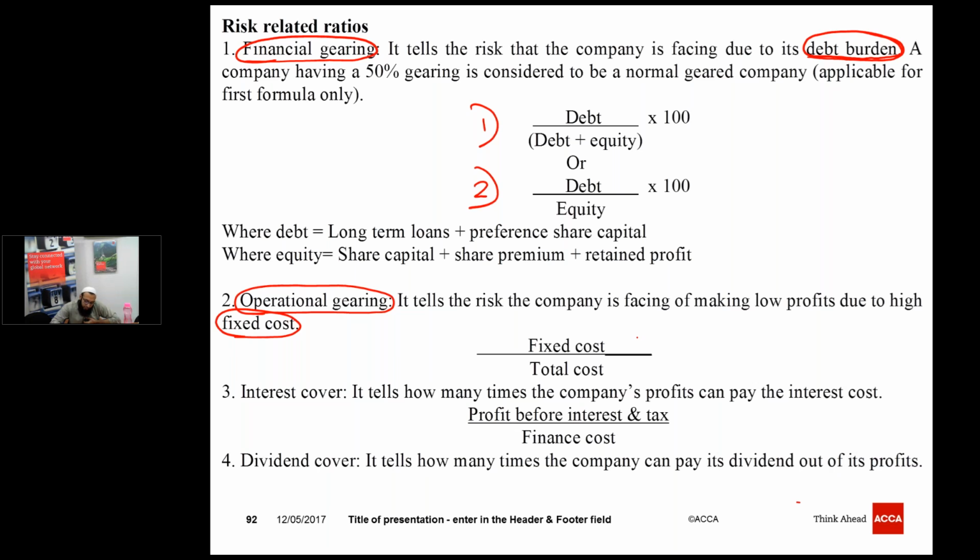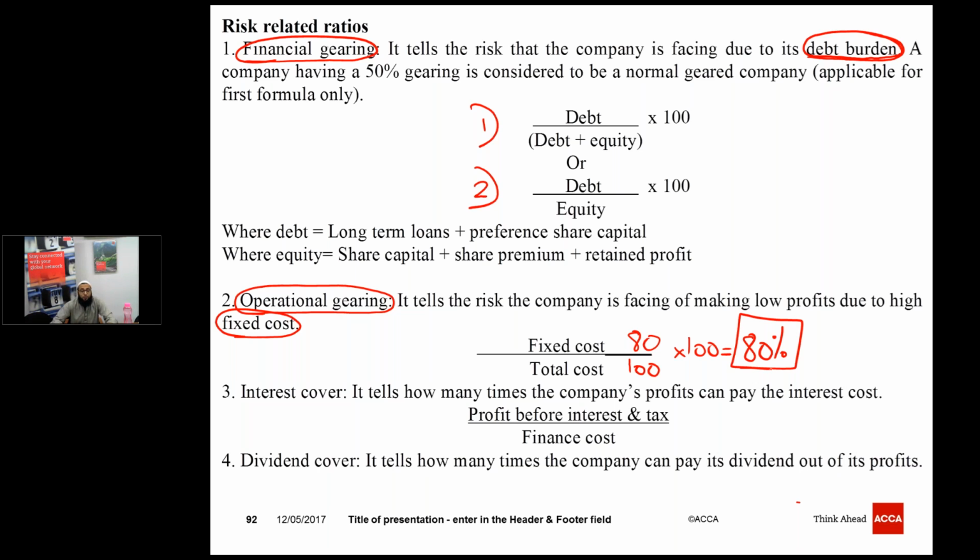Now let's suppose the fixed cost is 80 in your total cost of 100. How much percent will be your fixed cost? So the fixed cost is 80% of your total cost. So if 80% is your fixed cost, this is a risk for the organization.